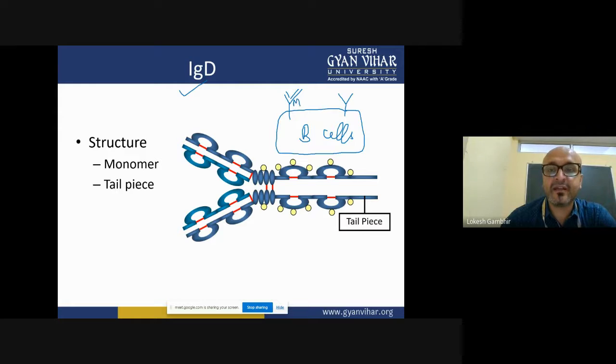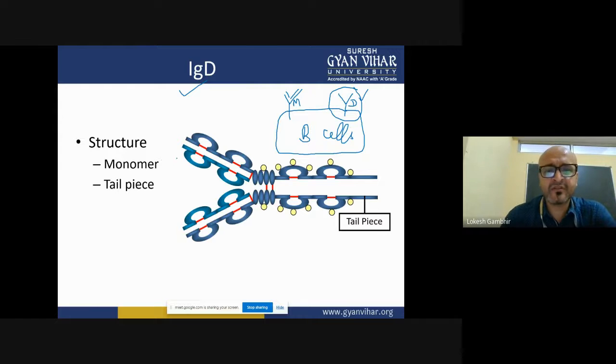This will be IgM and this will be IgD. So once the IgD is formed, it is expressed on the surface of the B cell, and that expression on the surface can be taken as a marker, an identifier, if you want to identify the B cell among the mixture of the complete white blood cells.